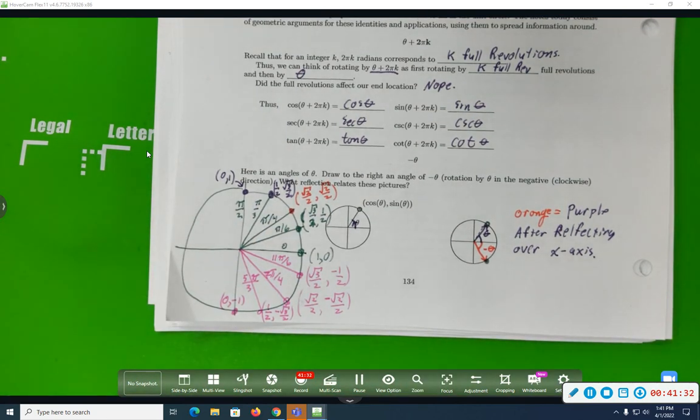So we also have what happens if you rotate forward by theta and then go back. So if we go forward by pi, back by pi over 6, that will put us at 5 pi over 6. So we know what an angle of 5 pi over 6 should correspond to.